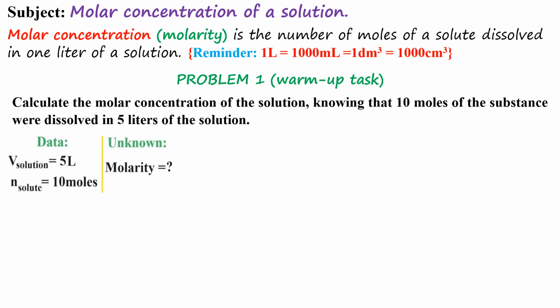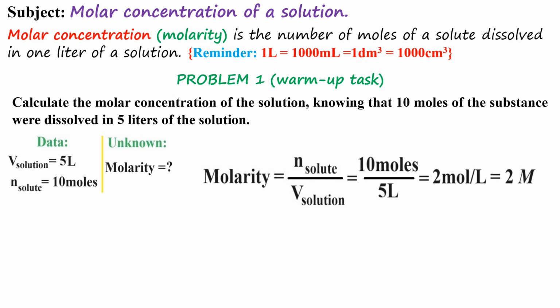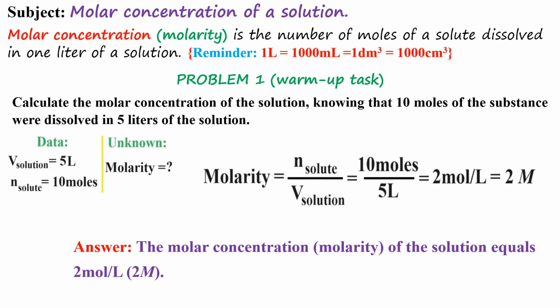We are looking for the molarity of the solution. Molarity equals the number of moles of solute divided by the volume of solution. So 10 moles divided by 5 liters equals 2 moles per liter. Answer: the molar concentration, molarity of the solution, equals 2 mole per liter.